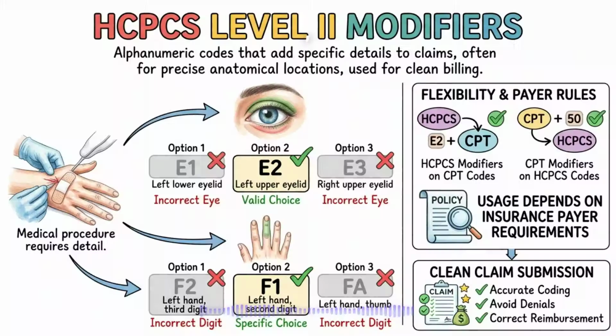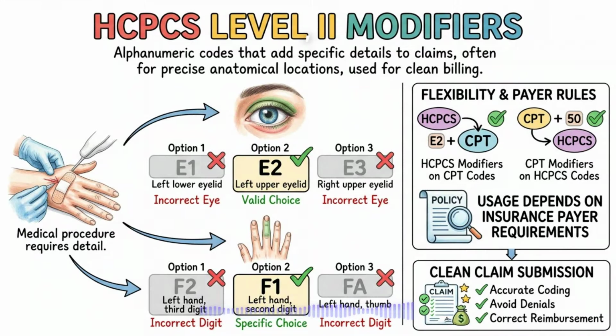Just like CPT, HCPCS Level II also utilizes modifiers to add specific details to a claim. However, HCPCS modifiers are alphanumeric, consisting of 2 letters or a letter and a number.